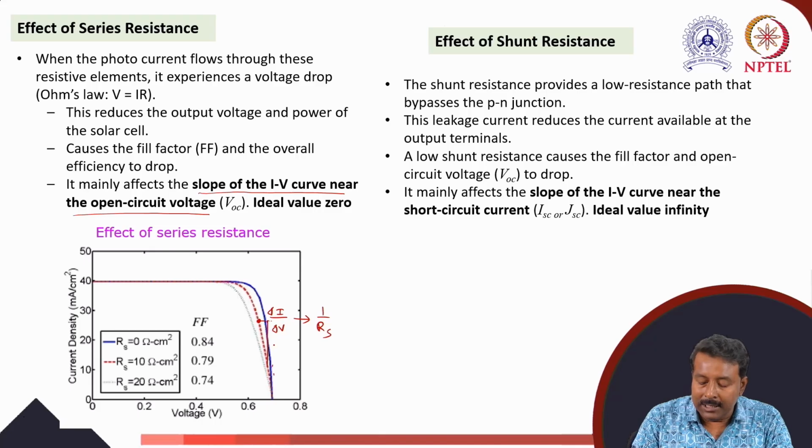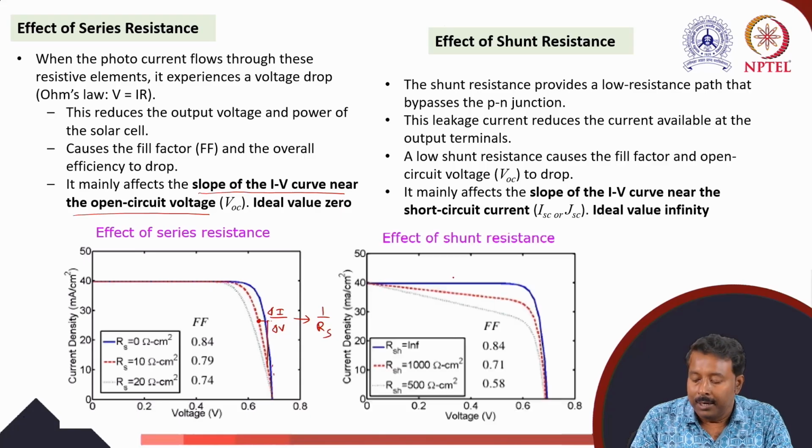The effect of RS is observed due to the change in slope near the VOC, but let us see how RSH affects the curve. Here in this graph we have considered RS is 0, no effect of RS, only the effect of RSH.